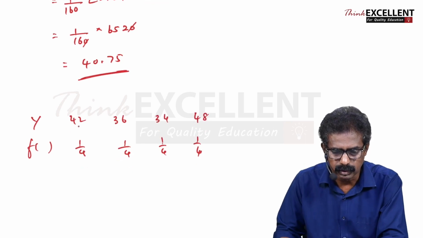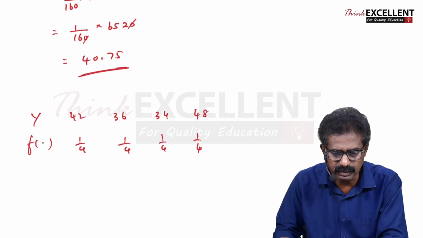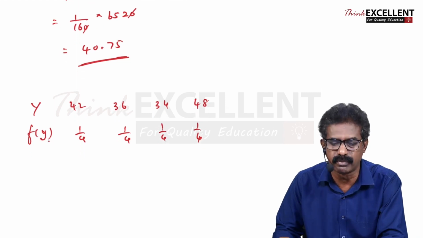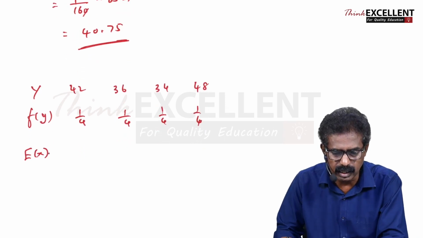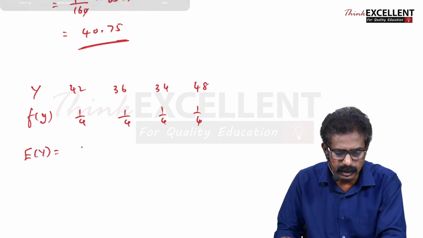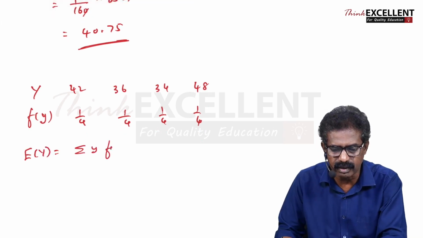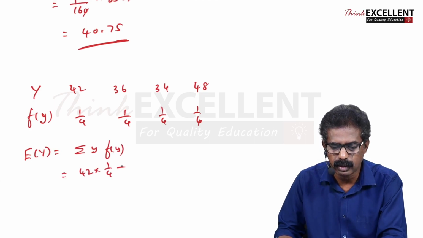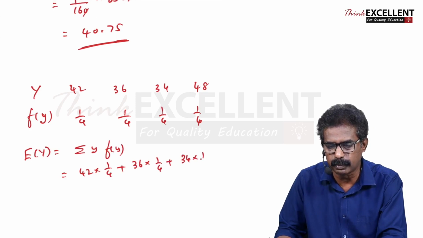So each driver has probability, f of x, but since it is y, you write f of y. Now E of y, the expected value of y they asked. So sigma y into f of y. You know the method: 42 into 1 by 4 plus 36 into 1 by 4 plus 34 into 1 by 4 plus 48 into 1 by 4.